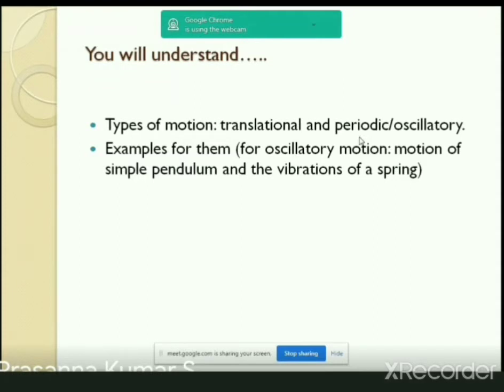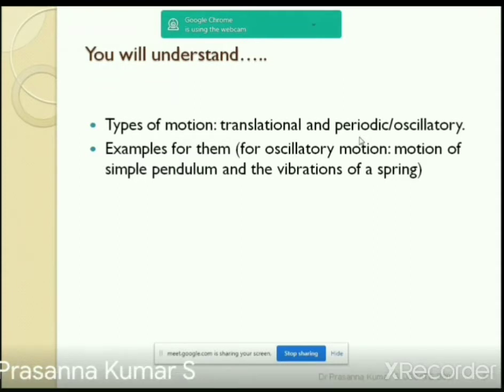Such motions are generally termed translational motions. And there are some cases where the particle, an object, keeps making periodic movements. I have seen in one of the diagrams, the very first slide, there was a pendulum that is swinging about a point. So it is a kind of oscillatory motion as well as periodic.